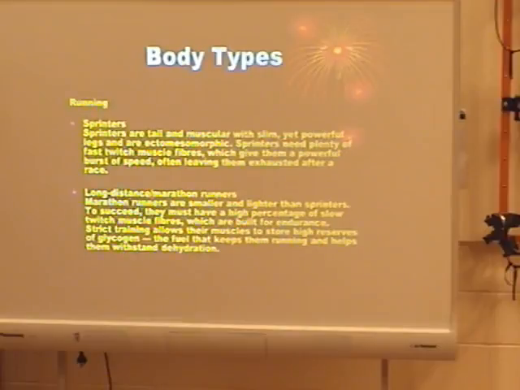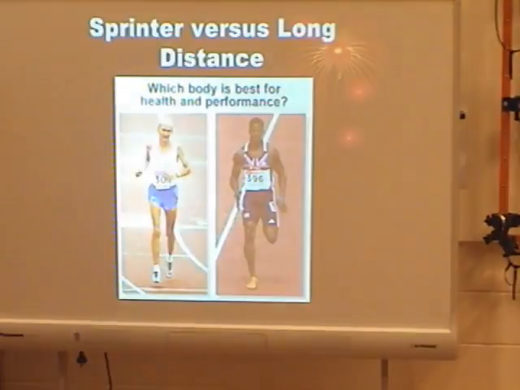Whereas long distance marathon runners, they're smaller and lighter. They must have a lot of slow twitch muscle fibers, and they're built for endurance and dissipating heat. They will need strict training to allow their muscles to store up high reserves of glycogen, and it's the fuel that keeps them able to withstand dehydration.